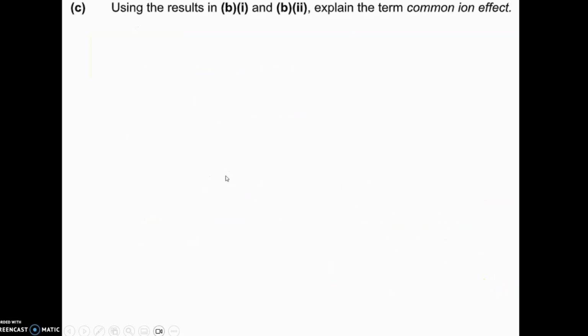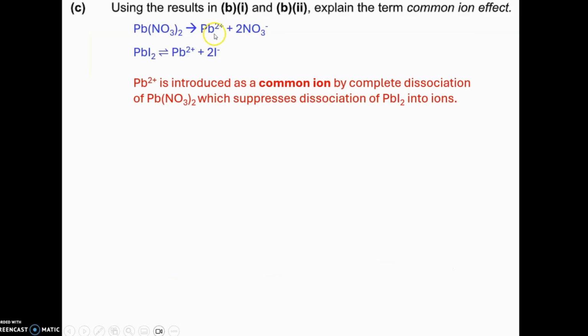So this is an illustration of what we call the common ion effect. Common ion effect essentially is an application of Le Chatelier's principle to solubility equilibria. So over here there are two equations at work. In part B, there is the complete dissociation of soluble lead-2 nitrate, and there is the partial dissociation of lead-2 iodide, which is sparingly soluble. So when we add in lead-2 nitrate, we introduce Pb2+ as a common ion.